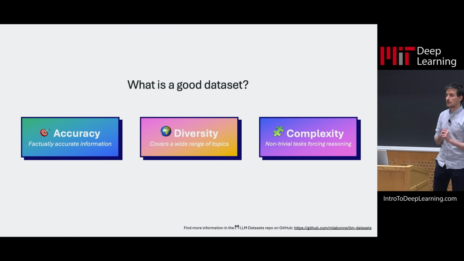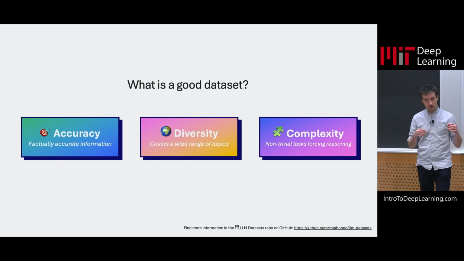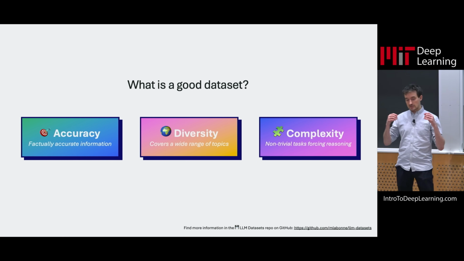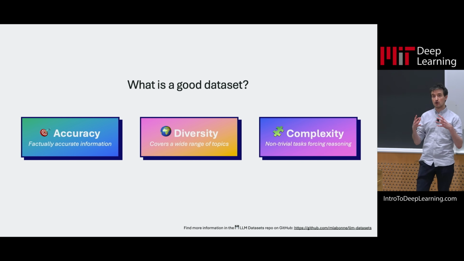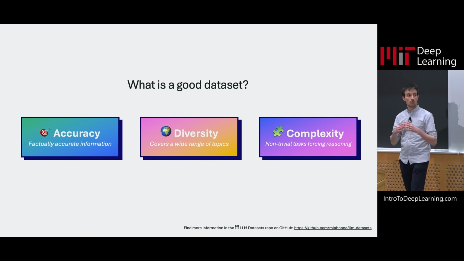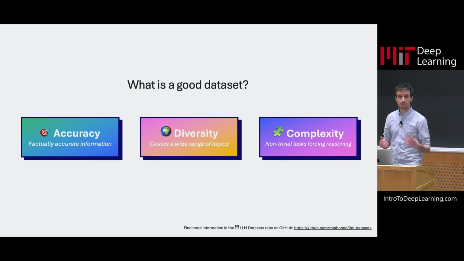Diversity is something that is not as simple to pin down, because it's really about having samples that are very different from each other and that try to cover the entire possible interaction that users will have with the model. So you really want to have covered as much as possible.